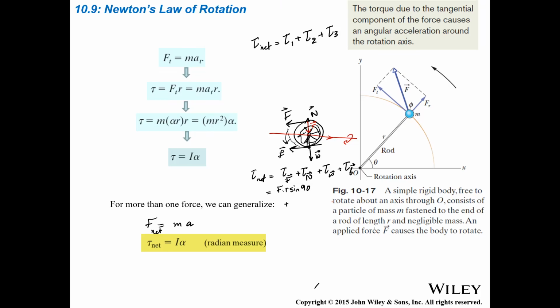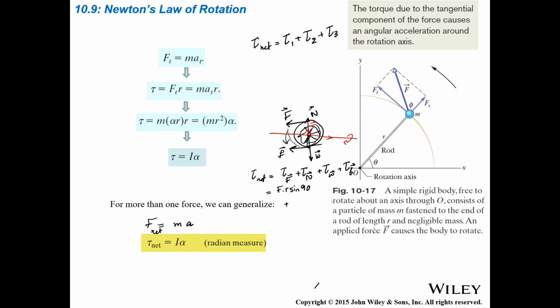I'll add the torque of the normal. This is the normal force. One thing you will see about the normal is that it actually passes through the axis of rotation. If I write down N R, what is the angle between the normal and R? It's 0, so the normal will not make any rotation.